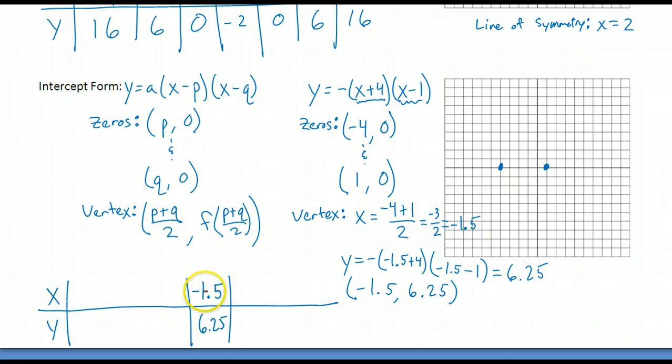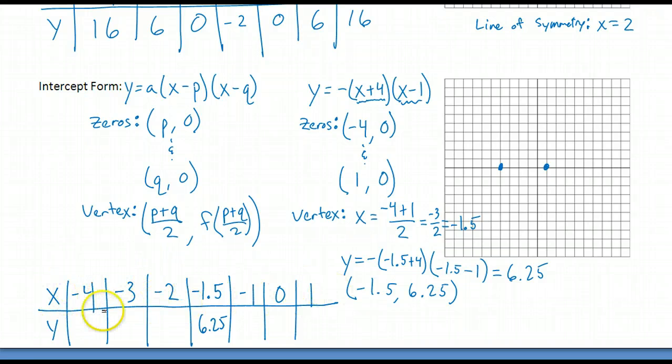The next integer bigger than negative 1.5 is negative 1, and the next integer smaller than negative 1.5 is negative 2. Now I can input these x values into my equation to figure out my y's.